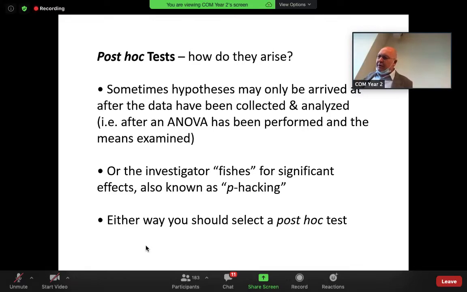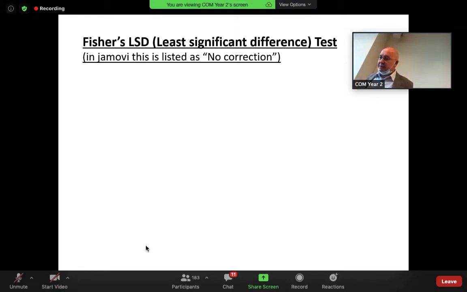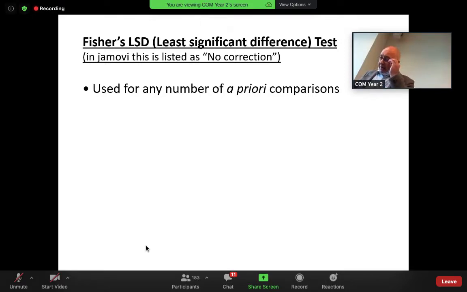Okay, so either way, whether you're looking at your data or doing this kind of p-hacking, you need to use a post hoc test. If you use Fisher's LSD, this stands for least significant difference test. In Jamovi, this is just listed as no correction. It's just like an ordinary t-test, basically. If you've got a priori comparisons, then you can use this for any number of a priori comparisons.